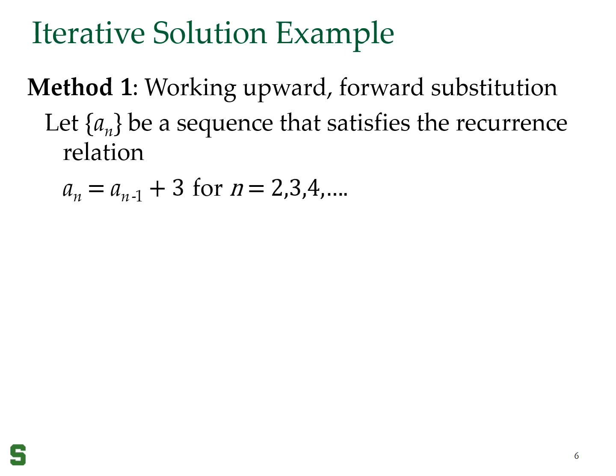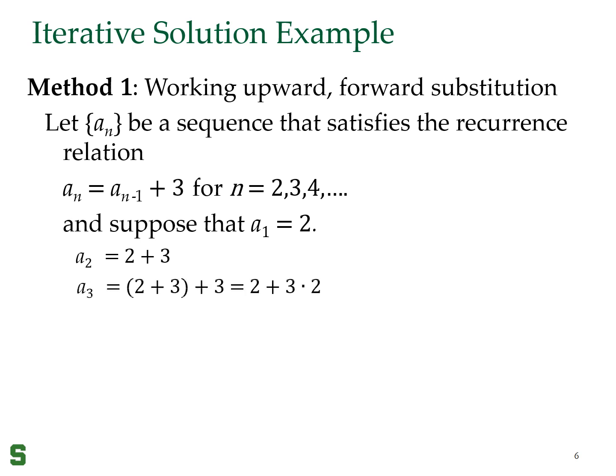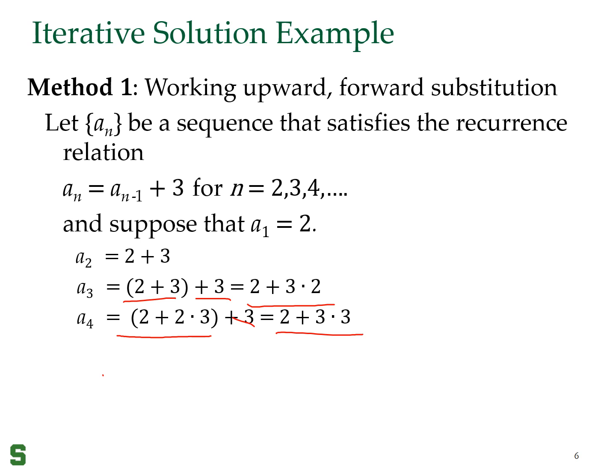Here I have a_n = a_(n-1) + 3. I can write a2 is equal to 2 plus 3, a3 is equal to 2 plus 3, this is what I had before, plus 3. So I can write this as 2 plus 3 times 2. The next one is 2 plus 2 times 3 plus 3, that is 2 plus 3 times 3.